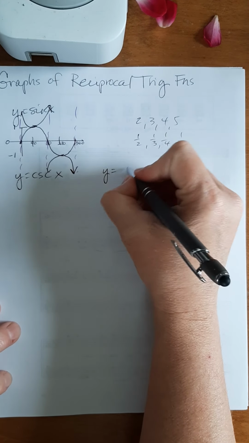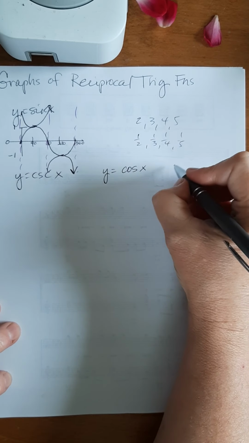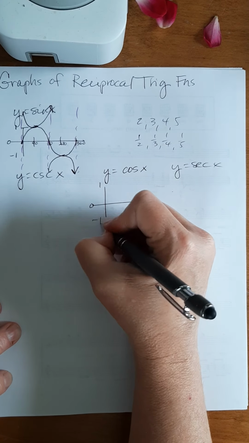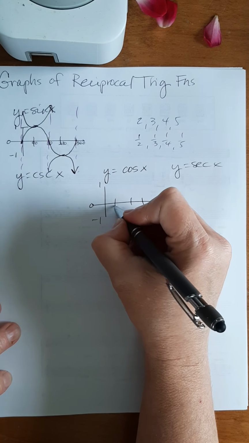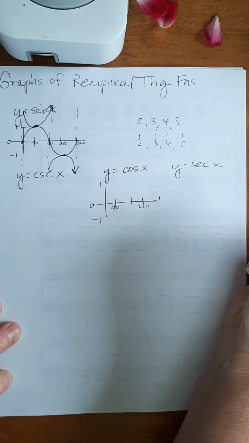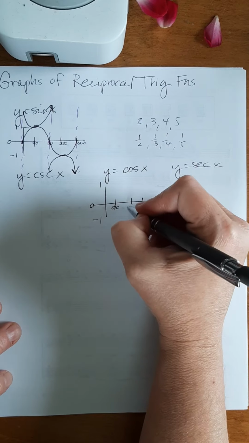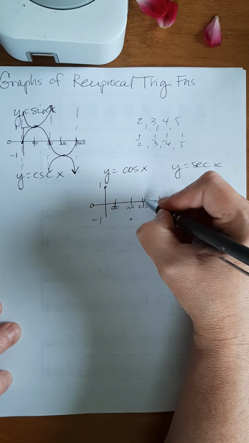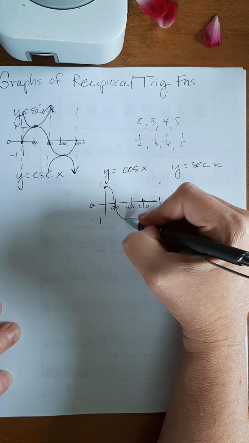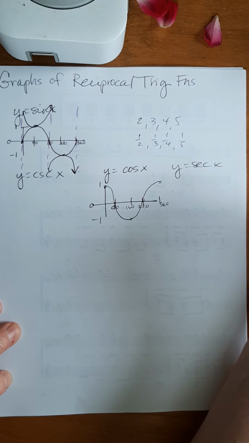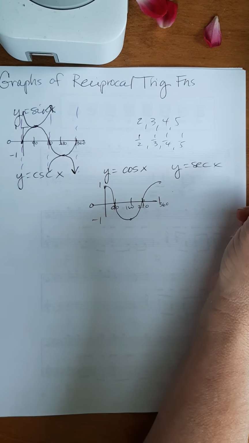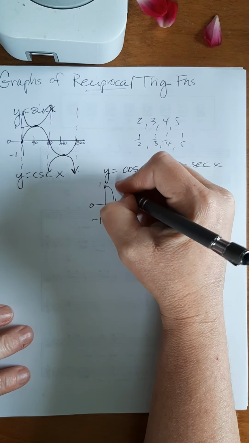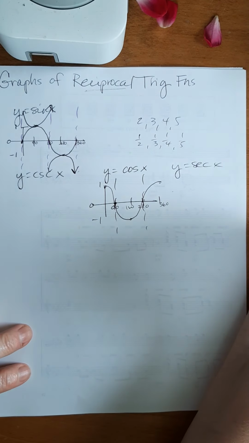Now it's going to be the same thing with cosine and secant. Well, first let's do traditional cosine, 0, 90, 180, 270. So remember your normal graph for cosine still fluctuates between 1 and -1, but looks like that. So if you wanted to find secant, first step, remember for reciprocals, wherever you have zeros, now they become vertical asymptotes.